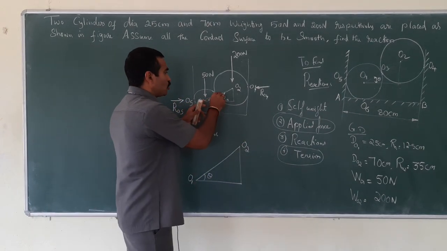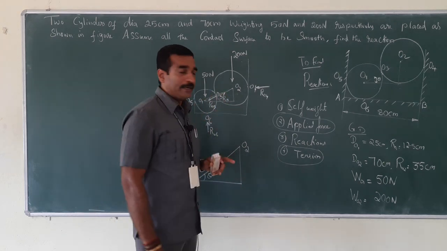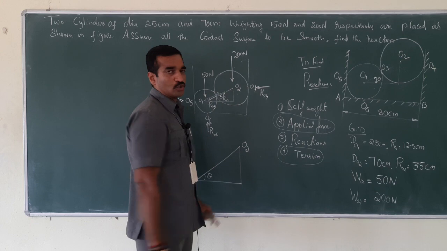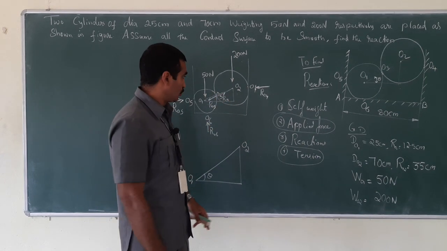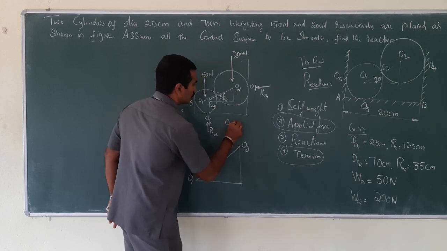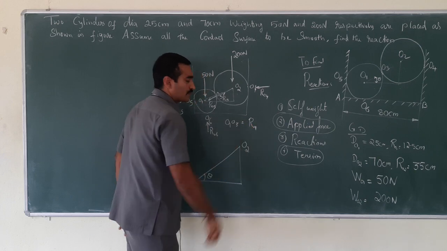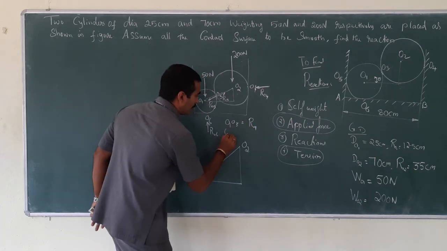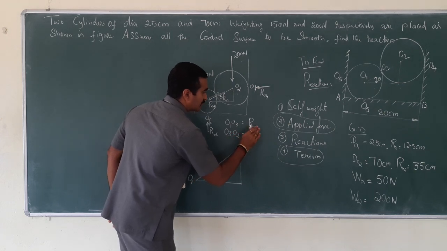So O1 to O3 is the radius of cylinder 1, and O3 to O2 is the radius of cylinder 2, right?